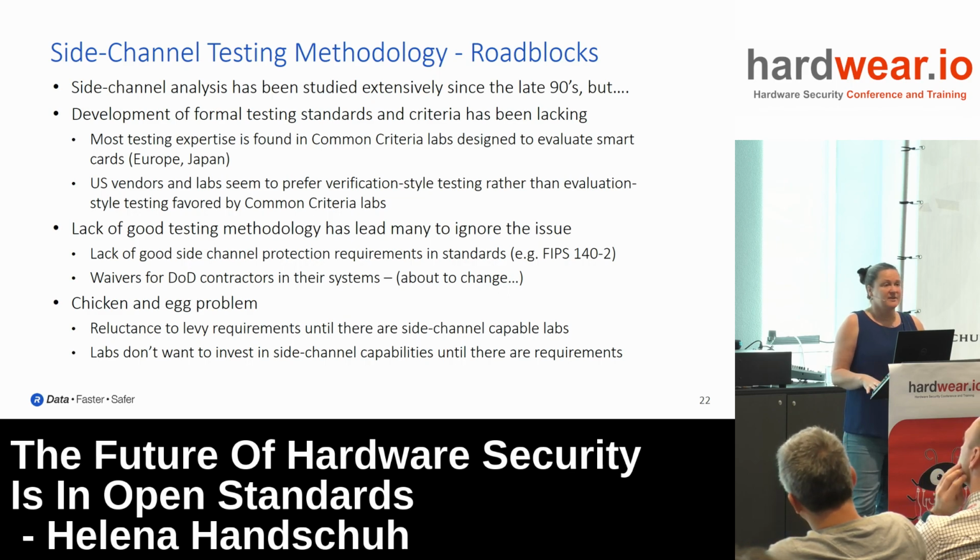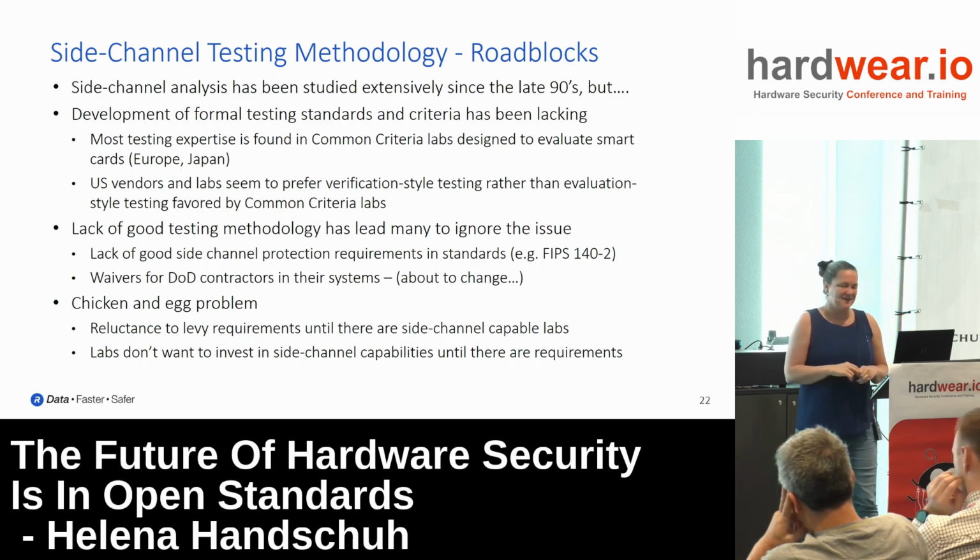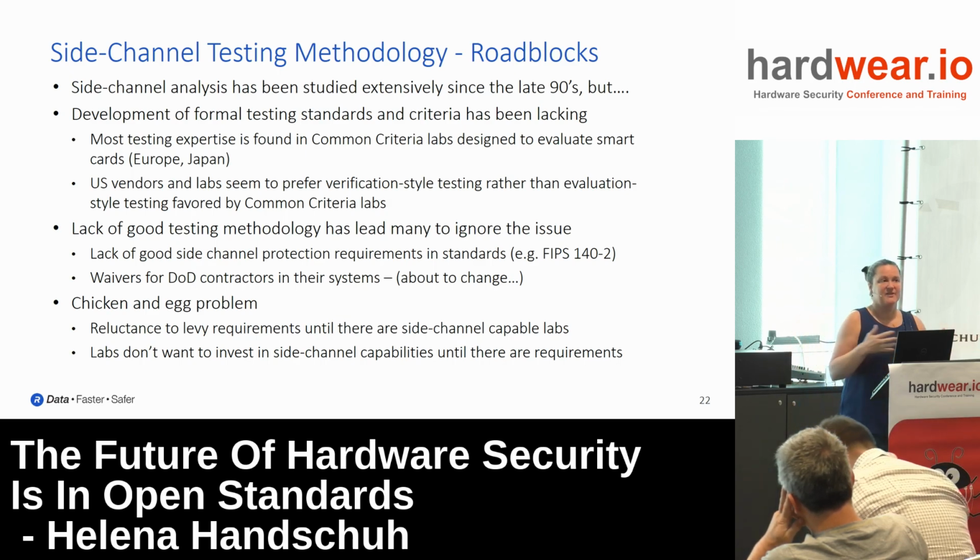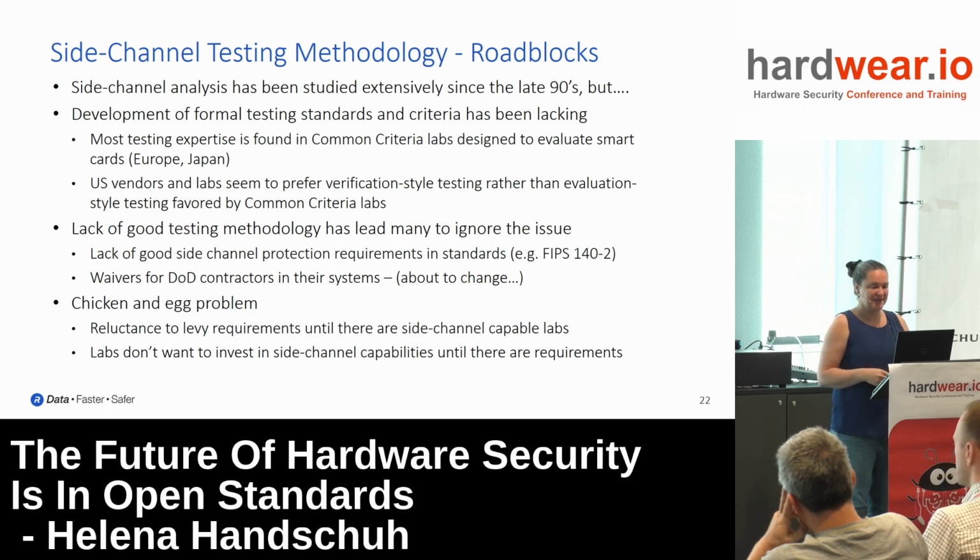So you end up having a chicken and egg problem here, because you can't write requirements because you don't know what they're supposed to be, and then the labs don't want to deal with it because they don't know how to test it. So they won't move until they have requirements, and you can't do requirements until you have a testing methodology.